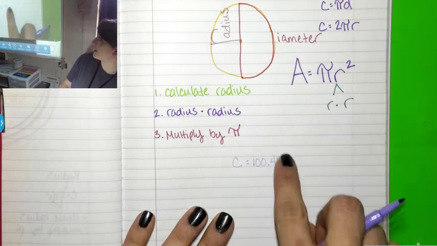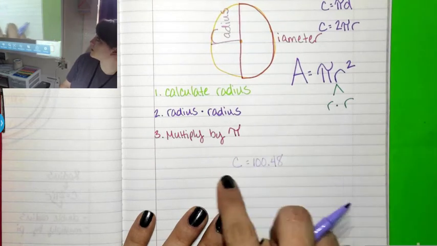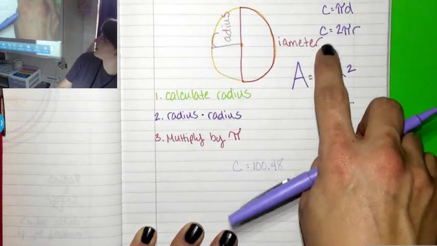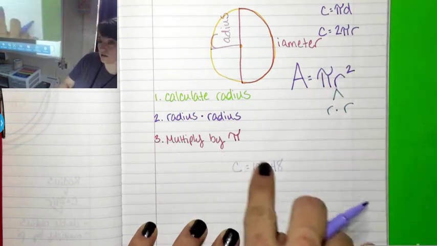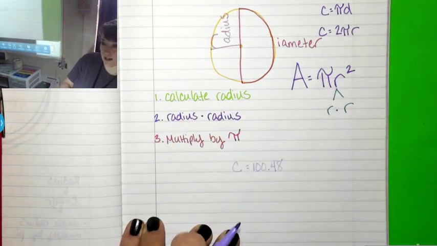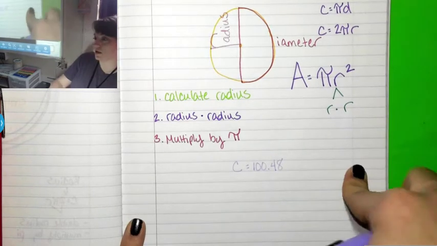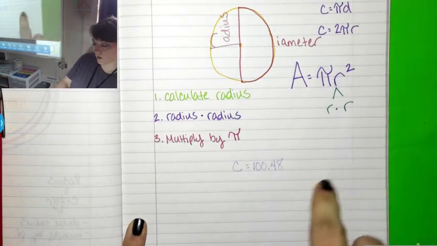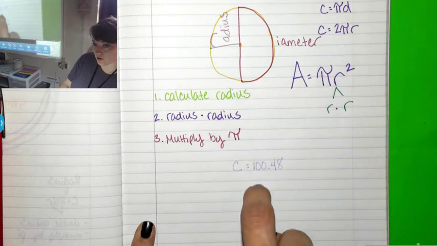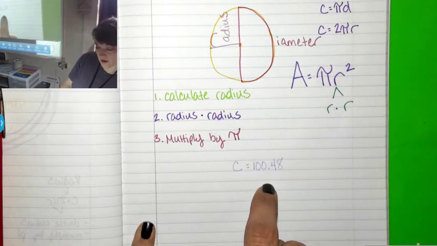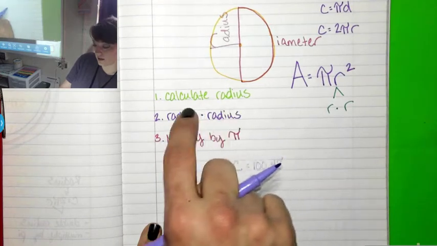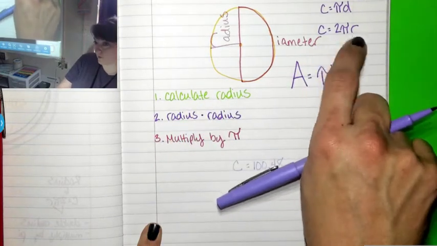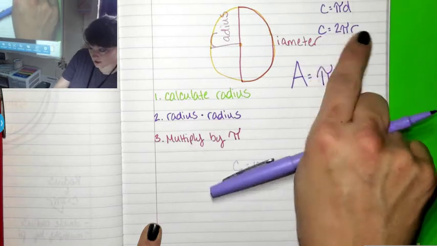So if they give you this circumference, you plug in what you know, work backwards to solve for radius, and then go forwards to solve for area. So we're going to work this one out. I need radius to find the area, so I'm going to use the circumference formula that tells me radius.